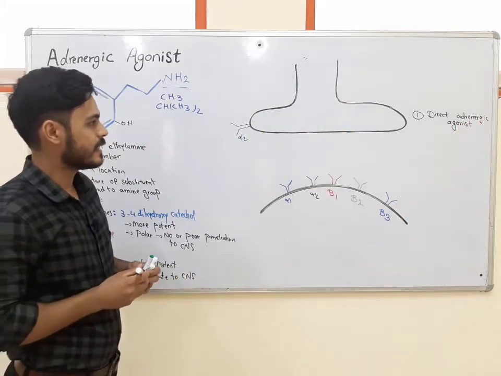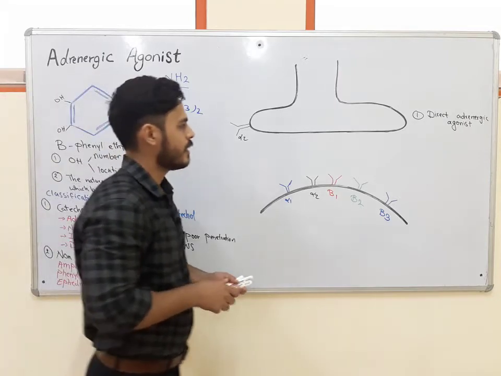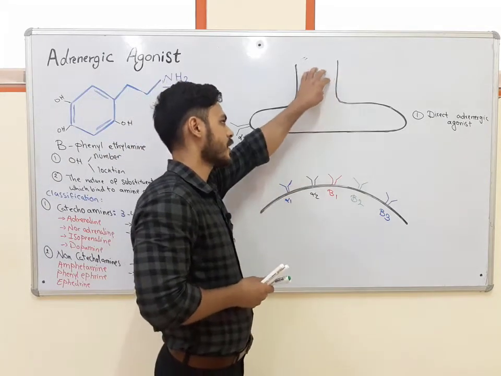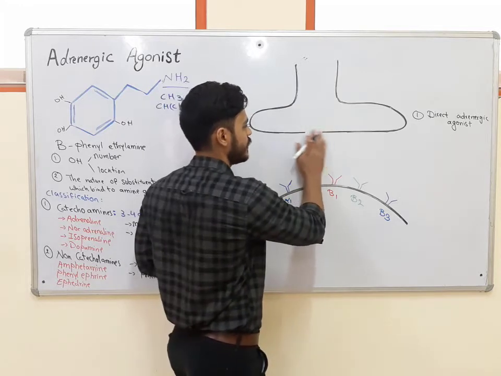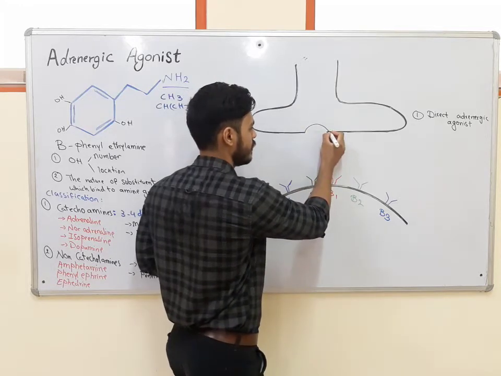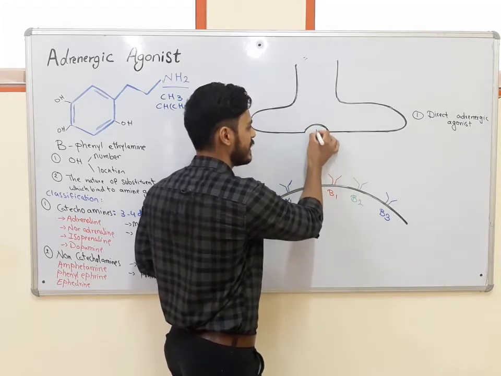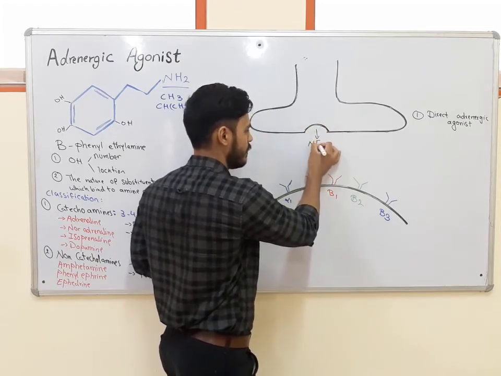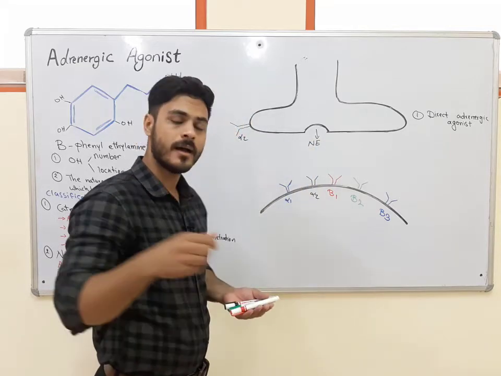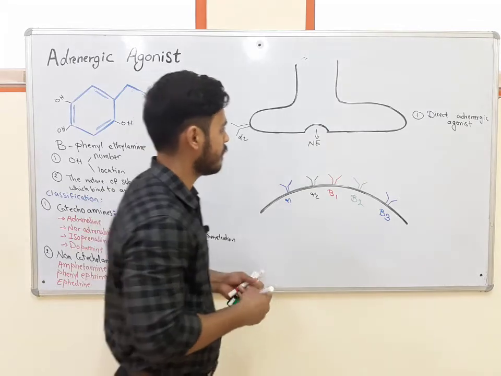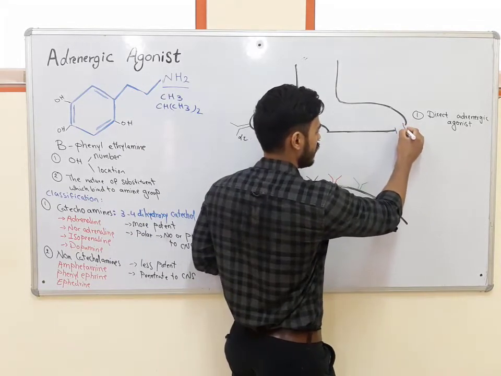The second class of adrenergic agonists: do you remember we said that if any drug increases the release of adrenergic neurotransmitter, that is the first mechanism. For example, norepinephrine. Do you remember in adrenergic neurotransmission, we explained that we have a special transporter.